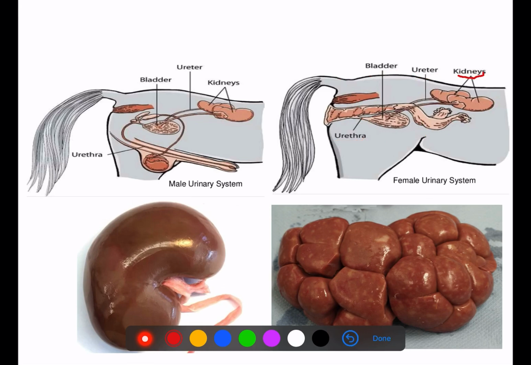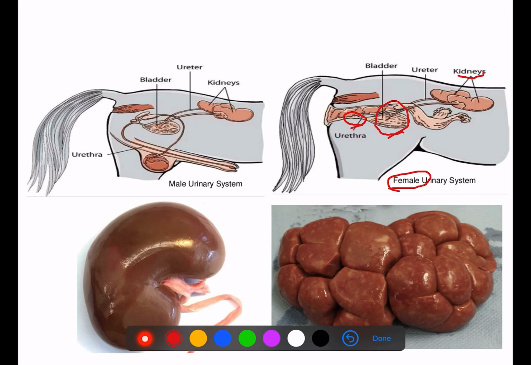As we see here, the urinary system of the female is different in urethral opening and urine protection, and also in the location of the urinary bladder.